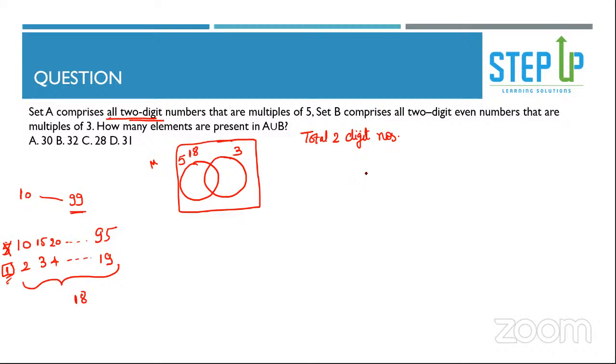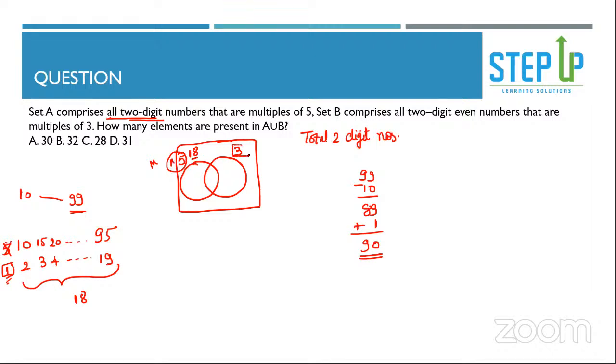How, Subhash? 99 minus 10 will give you 89. But then you need to add 1. So 90. 90 numbers will be there. Okay. Anyway, but that's the question. All right. So multiples of 5 will be 18.